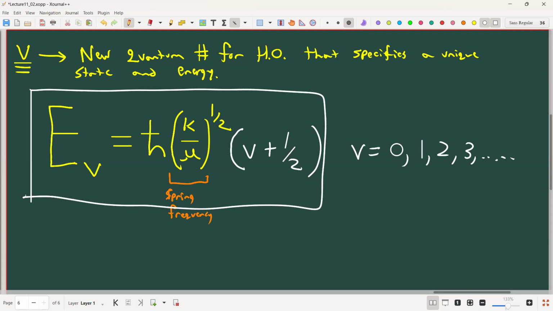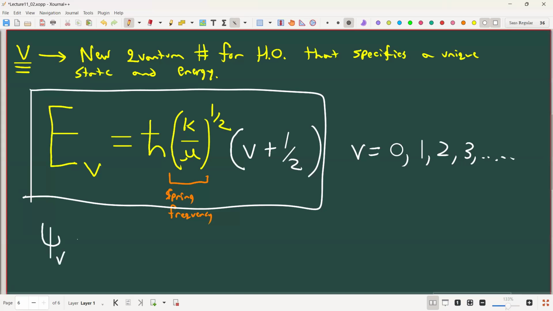H bar times frequency is an energy, times a number plus 1/2. And so V is this new quantum number that labels each of the states.